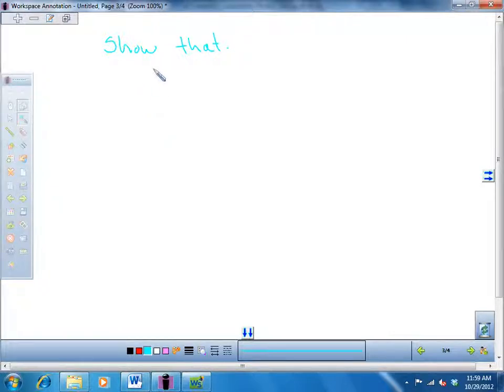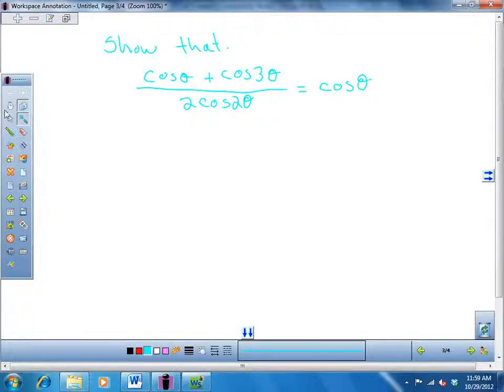Cosine theta plus cosine of 3 theta, over 2 cosine 2 theta is equal to cosine of theta. And you say, I don't know how to do that. Say that. Okay, very good.